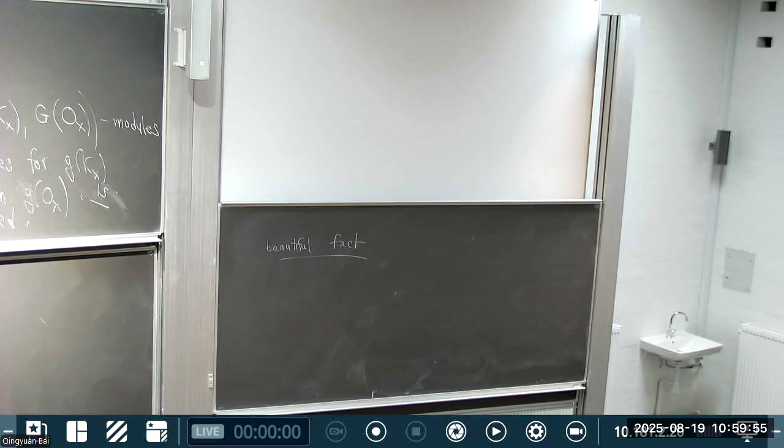We take G(O) invariants. So why does taking G(O) invariants of the category of algebra representations correspond to the definition of the integrated thing? Why does that actually mean integrate the action? That was the question, yeah.